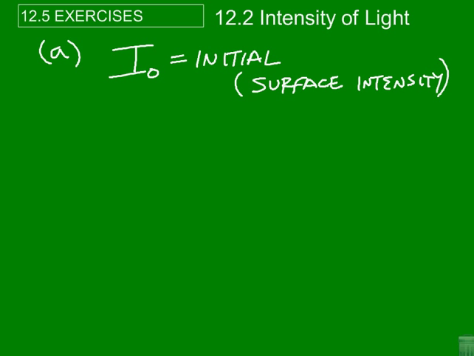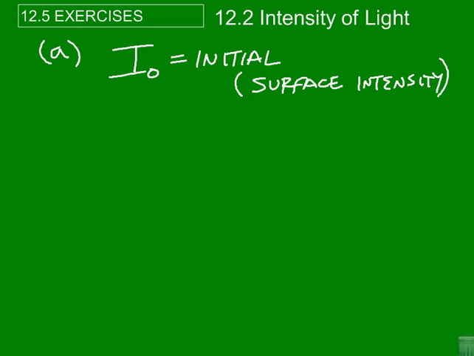So here we go. Let's start off, and they're asking us to calculate an exponential function in terms of the intensity, so whatever that intensity is at the start, and the depth of the light into the water. We'll set the initial intensity as our variable I0, which will be the surface intensity when it's at 100%.